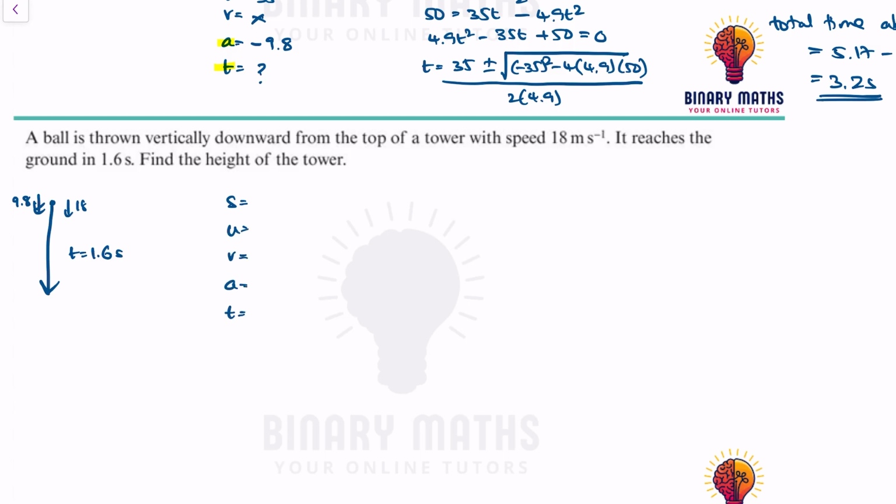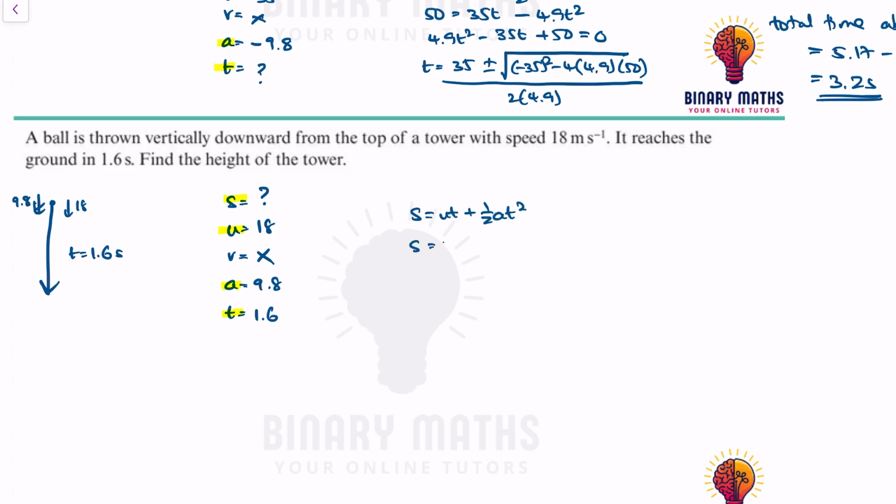So height is s. Initial speed is 18. We don't know the speed when it reaches the ground. Acceleration is 9.8. The time is 1.6. So what we have in front of us is s, u, a, and t, which means s is equal to ut plus half at squared.